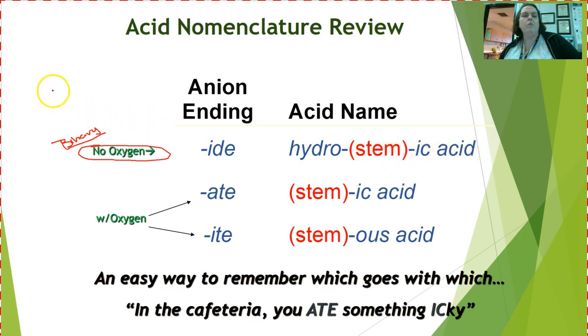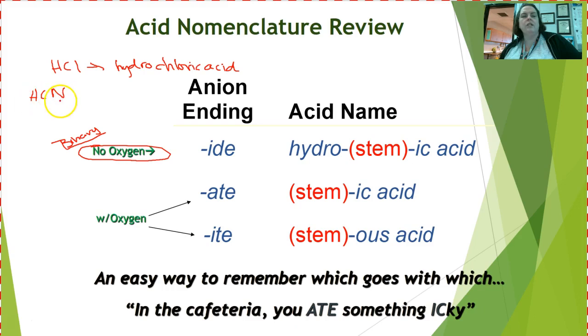So let me give you one that is pretty common. HCl, because it's binary, there's no oxygen in it, is called hydrochloric acid. Now another one that follows that rule is HCN.